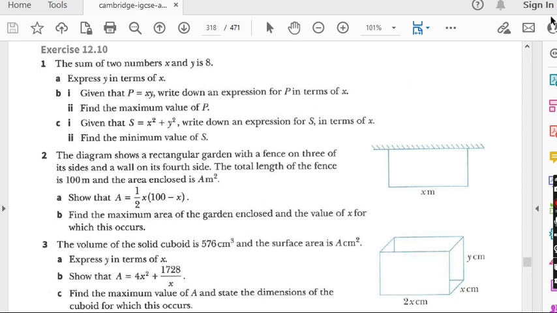So let's start question number 6, exercise 12.10.